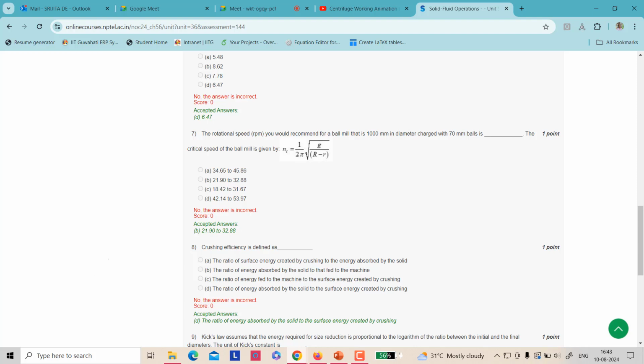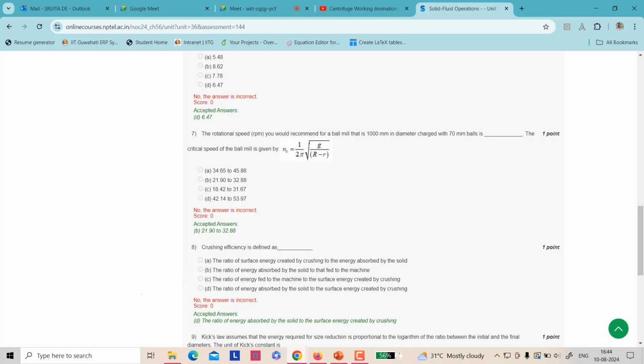The crushing efficiency is defined as the ratio of surface energy created by crushing to the energy absorbed by the solid. The ratio of energy absorbed by the solid to that fed to the machine. The ratio of energy fed to the machine to the surface energy created by crushing.